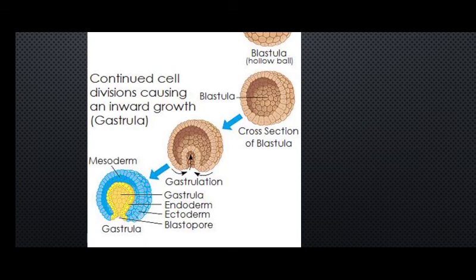There is another type of organism called the protostome, where the blastopore actually develops into the mouth. So in our case the blastopore becomes the anus, and at the other location the cells transform into the mouth. In the case of protostomes, it is exactly the opposite.